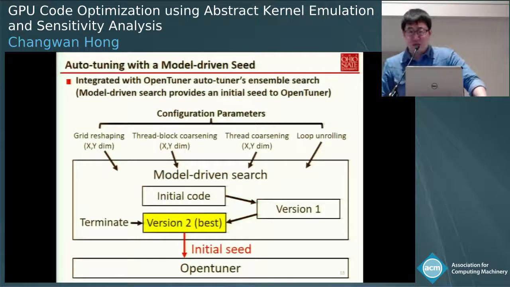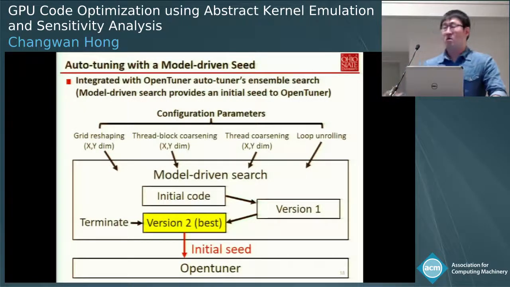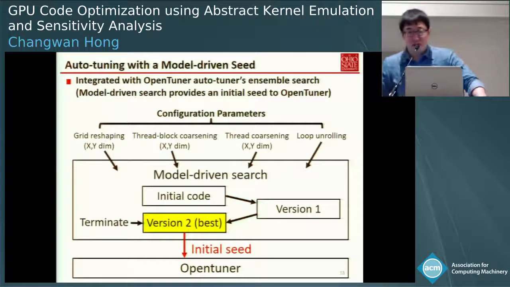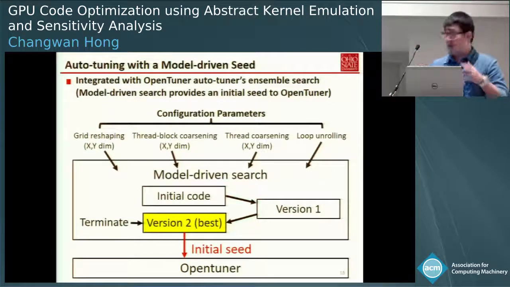The model-driven search can also be incorporated with OpenTuner, which is an auto-tuning system using ensemble search techniques, and it allows the inclusion of customized search techniques. What we did is pass the best parameter obtained by model-driven search to OpenTuner as the initial seed.